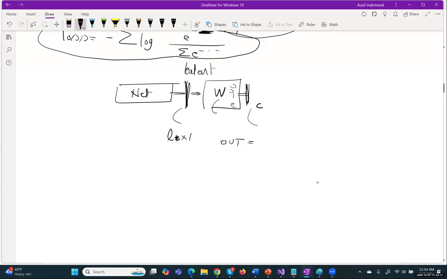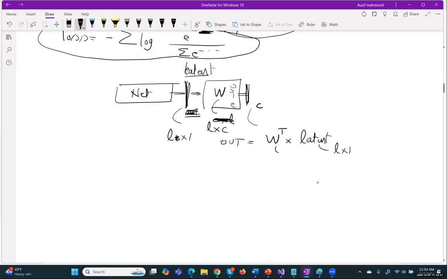So this should be C by L, or L by C. All right, let's make it L by C. Then it should be W transpose times latent, where latent is L by 1.